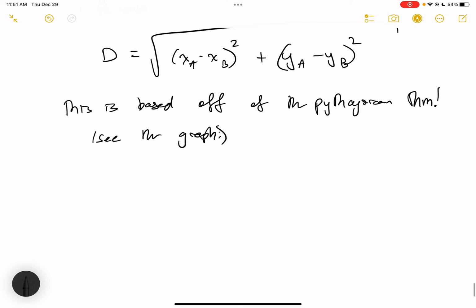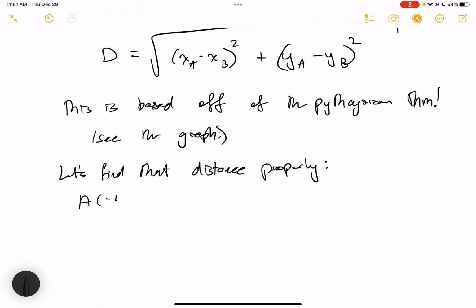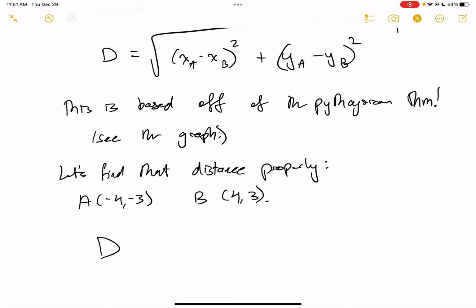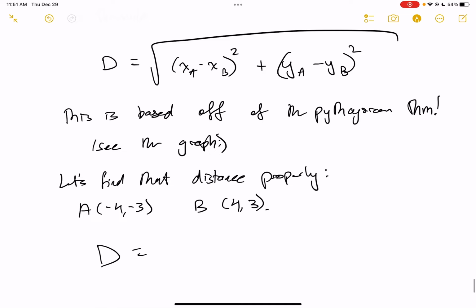So, when you see the graph, let's find that distance properly. Again, the A coordinate here was -4, -3. The B coordinate was 4, 3. Let's apply it completely directly as it's given. This formula is a bit long, but I'm sure you can commit it to memory with enough practice.